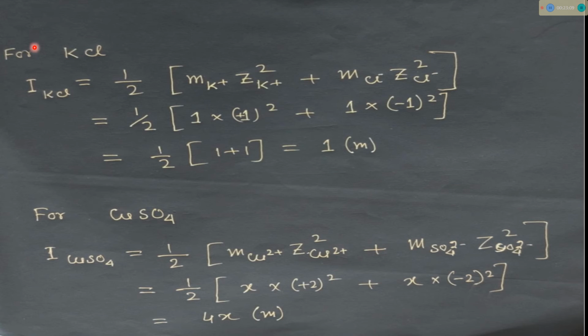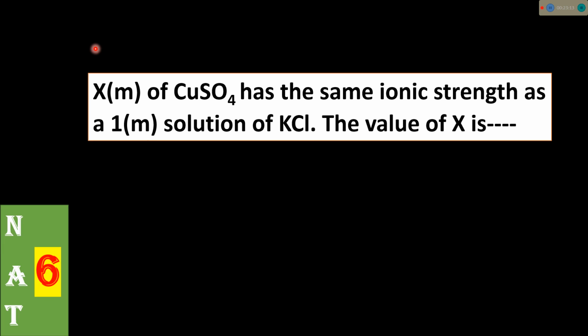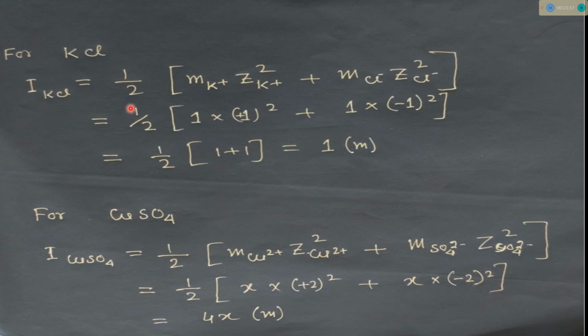So for KCl, the question gives a 1 molar solution of KCl, so let's find its ionic strength. For KCl, the ionic strength will be I equal to half of molality of K plus times charge of K plus square, plus molality of Cl minus times charge of Cl minus square.